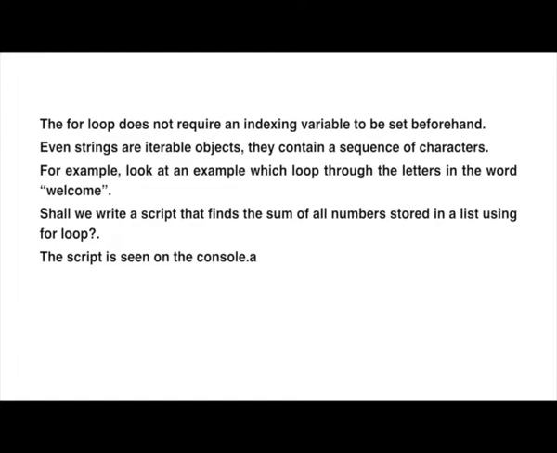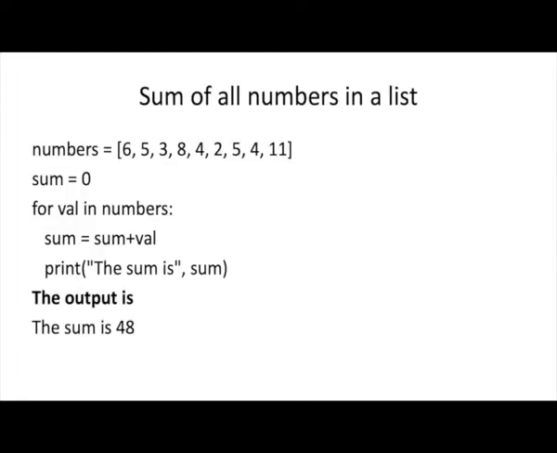Shall we write a script that finds the sum of all numbers stored in a list using a for loop? The script is seen on the console. Here we have a list called numbers with the elements 6, 5, 3, 8, 4, 2, 5, 4, 11, and we initialize the variable sum to 0. Now, we simply say for val in numbers, where val is the iterating variable, in is the keyword and numbers is a sequence.